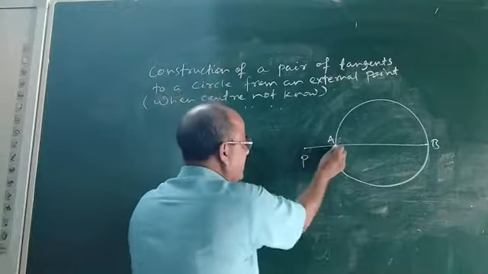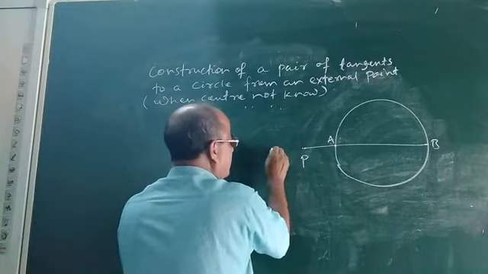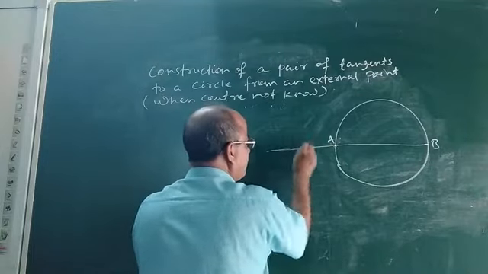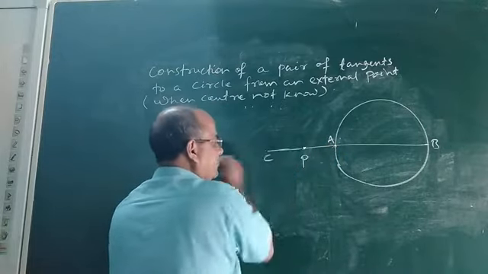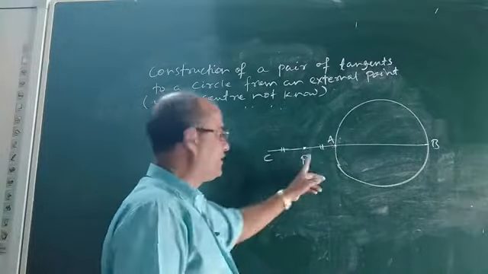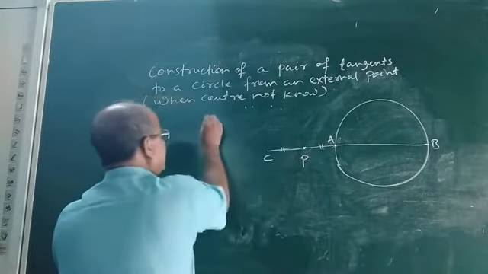After drawing the secant line, the next step is you produce AP up to C. You extend AP up to C such that AP and CP are equal, that means P becomes the midpoint of AC.